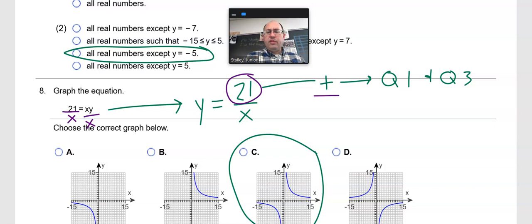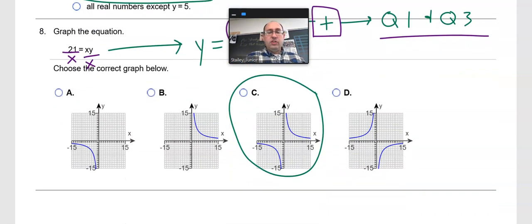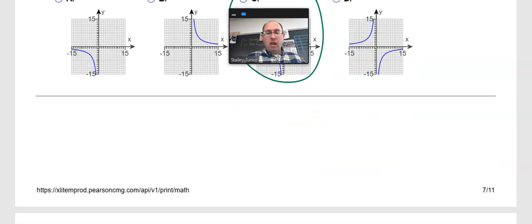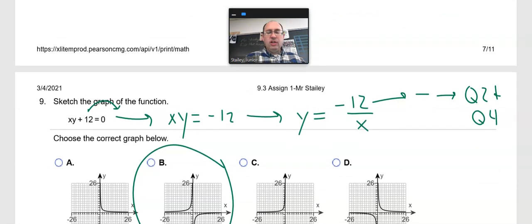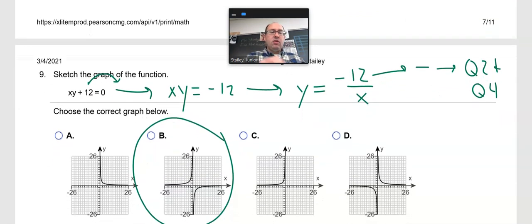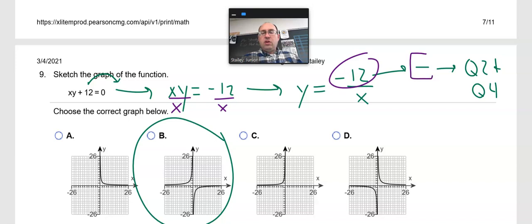We do have a positive number on the top, which creates quadrants 1 and 3, which is letter choice C. Question 9. Same thing, but this time I have to add 12 first. Then I divide by x. That's a negative number, so that's going to change me to 2 and 4, which is letter B.